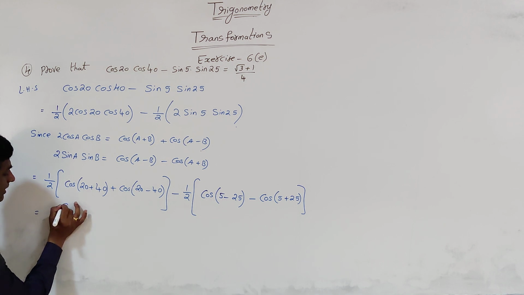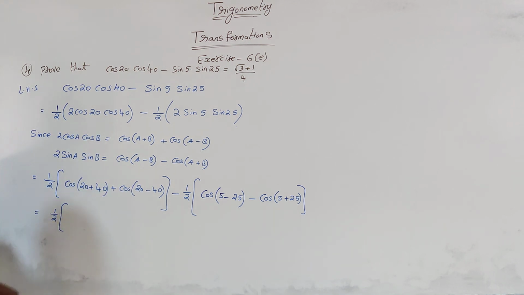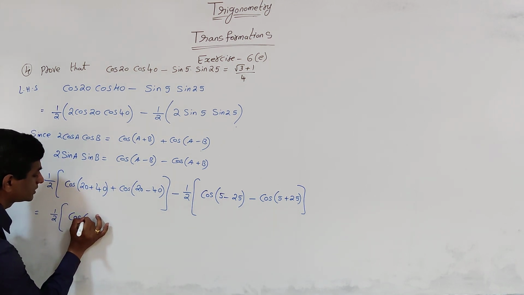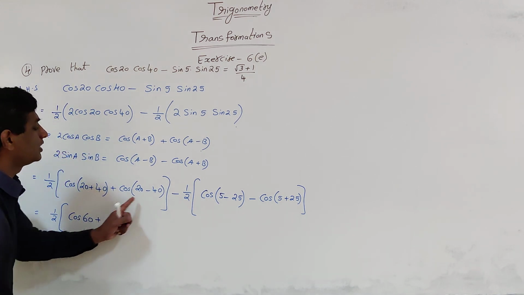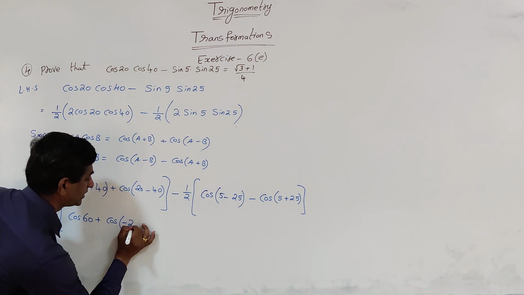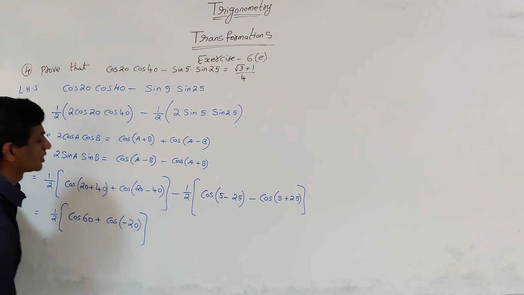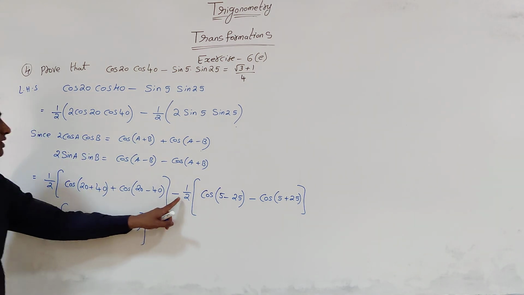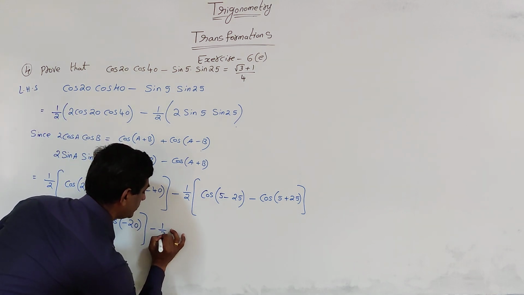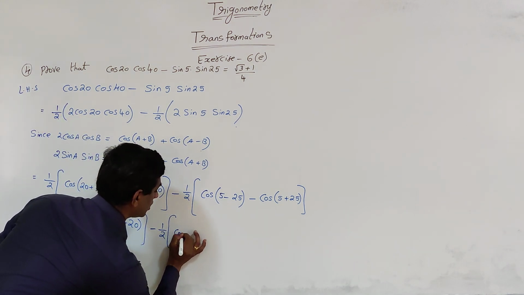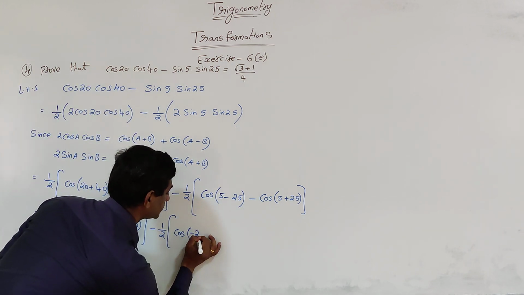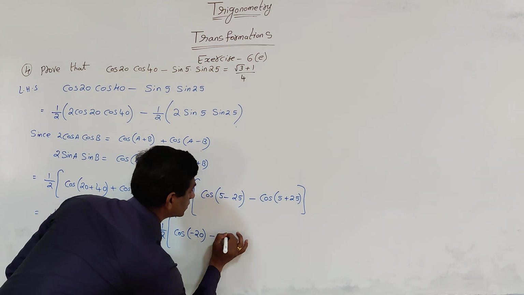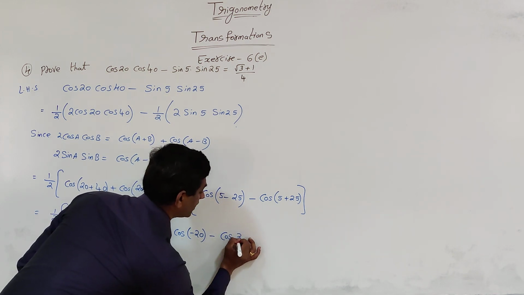So 1 by 2 times cos of 20 plus 40, that gives cos 60, plus cos of 20 minus 40, which is minus 20, minus 1 by 2 times cos of 5 minus 25, again minus 20, minus cos of 5 plus 25, that is 30.